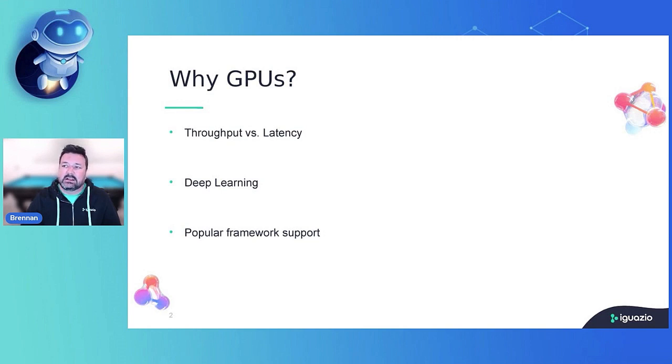And then finally, the framework support for these things. All the popular frameworks we're using today, like TensorFlow and PyTorch, come with GPU support already built in. Years ago, programming around GPUs was much more difficult and lower level, even though NVIDIA has been providing libraries to work with. It was much more difficult to programmatically do what you were trying to do.